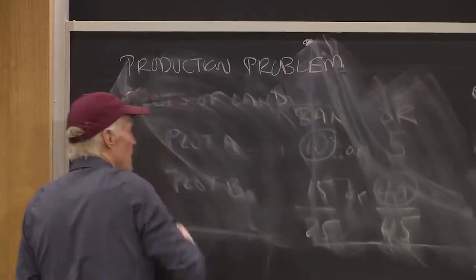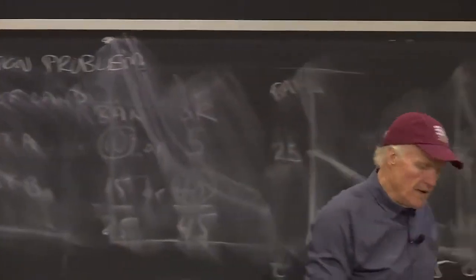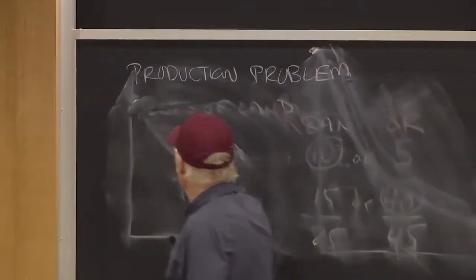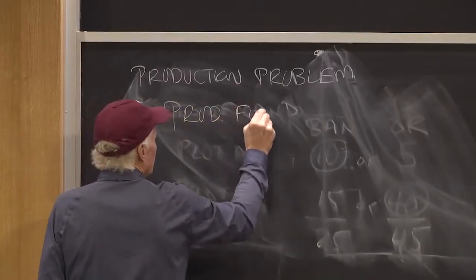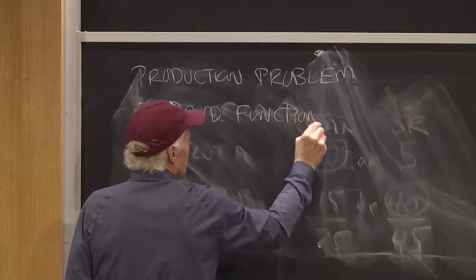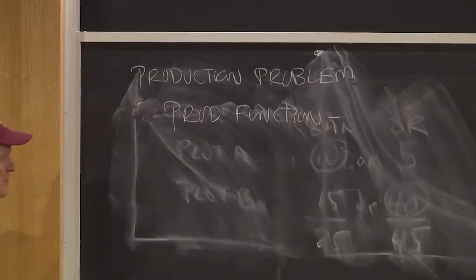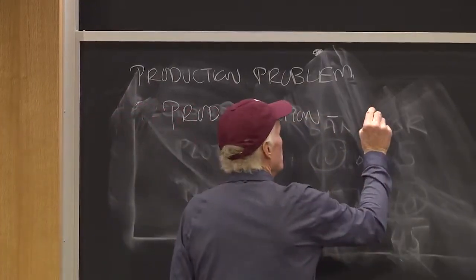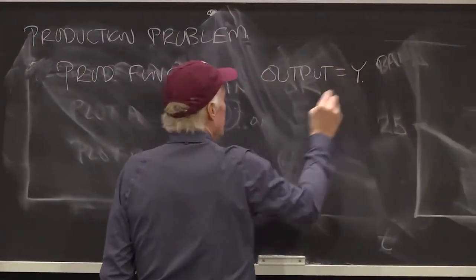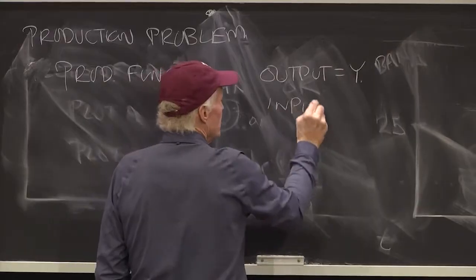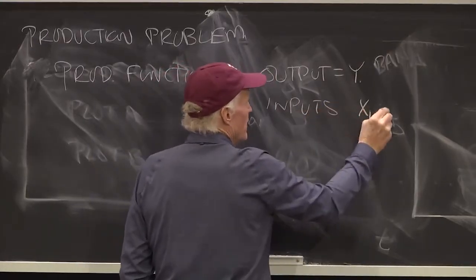In my production problem, I'm going to think about what we'll call a production function. It's kind of like a utility function, but it's a little different, and we'll explain why. Production function, we'll think output, we'll call that y, inputs x1 up to xn.